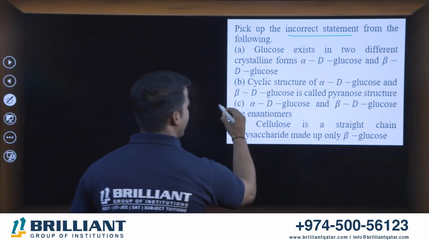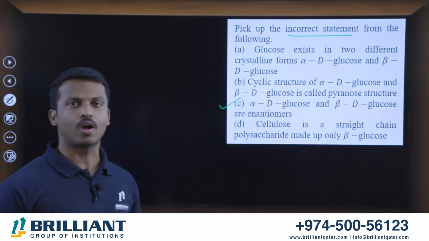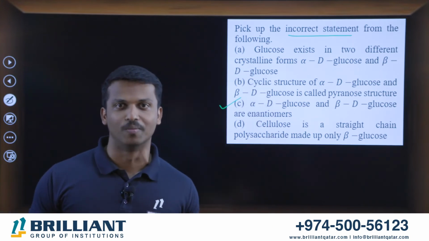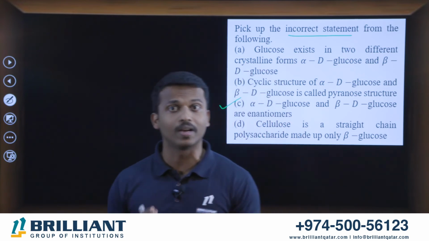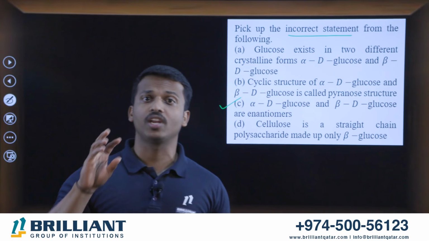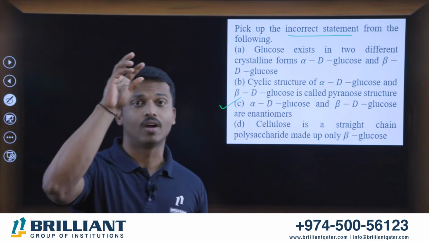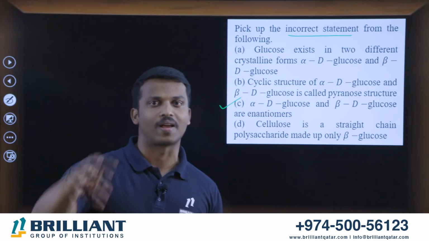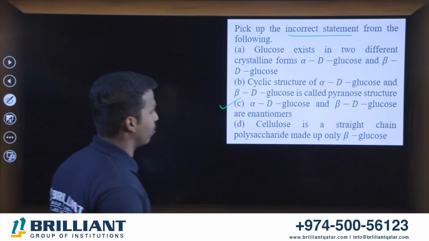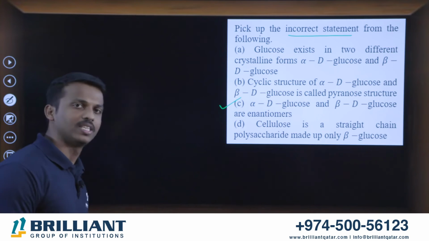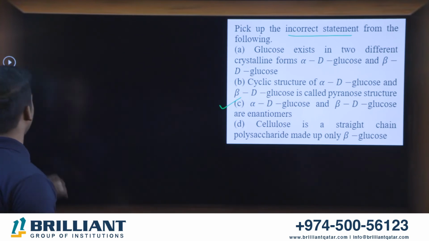No. They are called anomers, right? What are anomers? They have the same molecular formula. They are isomers whose configurations differ only in the configuration of one carbon. That is called anomers. Cellulose is a straight chain polysaccharide made up of beta glucose. That's a correct statement. So option C is the correct answer.